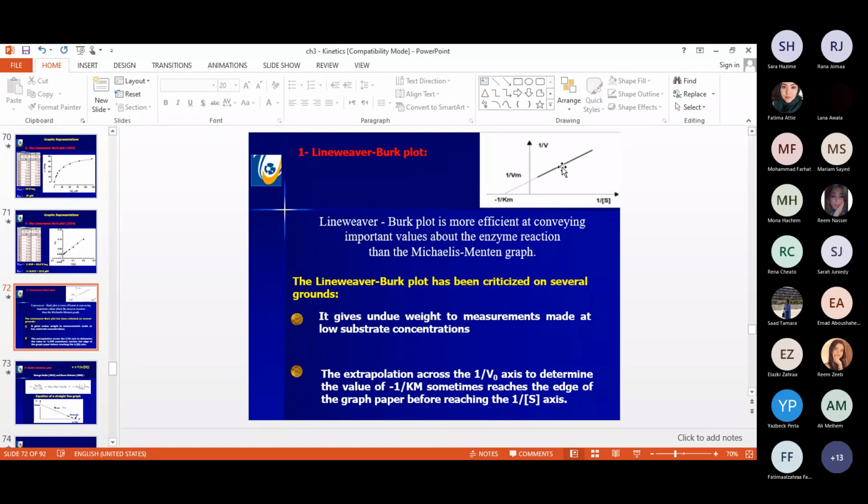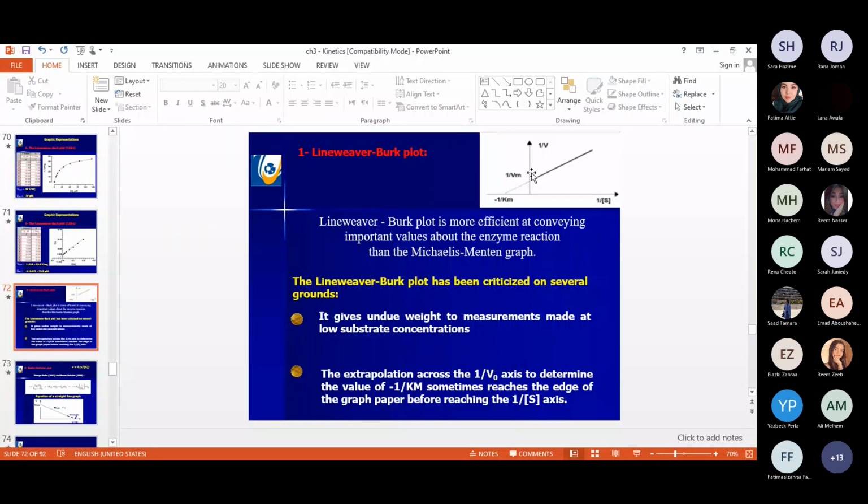You have different points and you need to draw your straight line between these points, or you have to consider a regression line taking into consideration all these points. If you move your hand a little when drawing the line, you will get a completely different 1 over Vmax, and a small variation in 1 over Vmax gives a bigger variation in Vmax. Okay, so this method was criticized based on this.